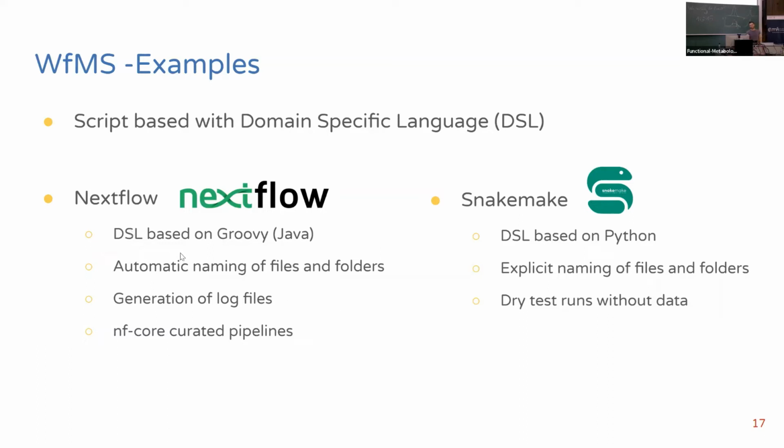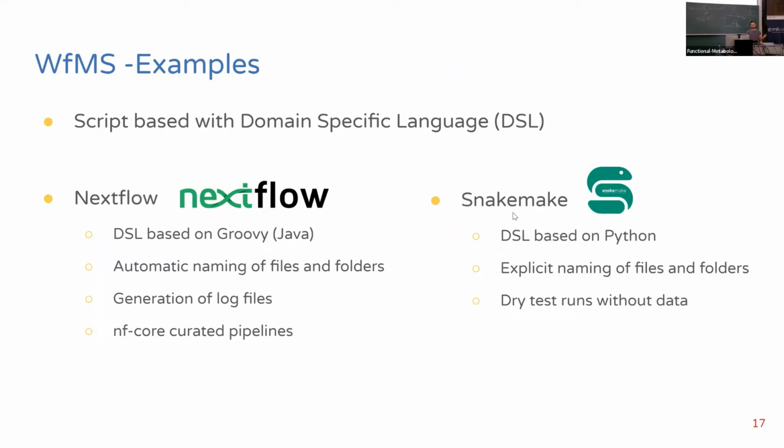The main differences are that Nextflow is based on Groovy, which is an adoption of Java, and Snakemake is based on Python. What's great about Nextflow is it automatically names your files and folders. In Snakemake, you have to do that explicitly. Nextflow generates excellent log files, and we also have nf-core for curated pipelines, as we will see later.